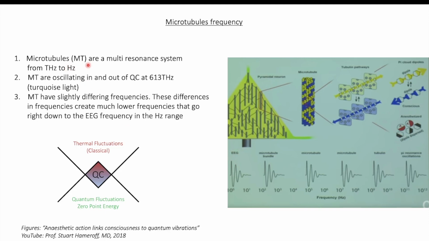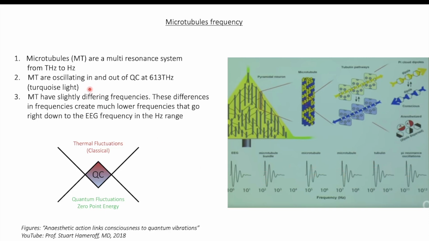So microtubules have a multi-resonance frequency that goes from terahertz down to hertz. There are peaks seen for each frequency range, and it's always 3 decimal places lower, so it goes from terahertz to gigahertz to megahertz to kilohertz and hertz and so on.